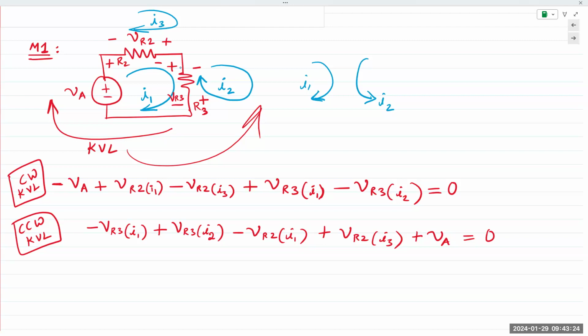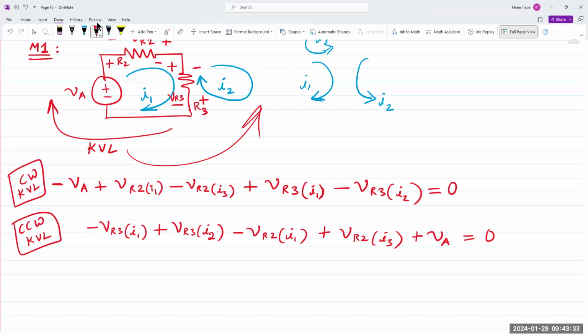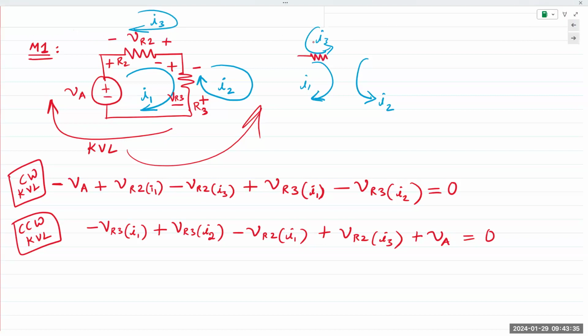So if I did this, and this is I2, now my voltage drops through both resistors are in the exact same direction. So instead of it being I1 minus I2 or I2 minus I3, it would simply be a plus. You would still end up with the right answer at the end of your analysis.